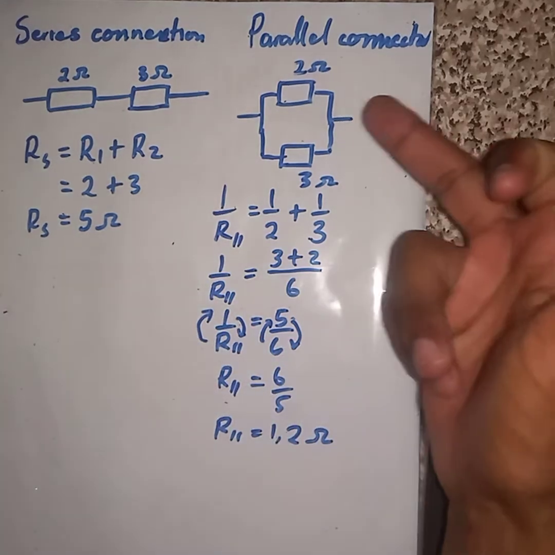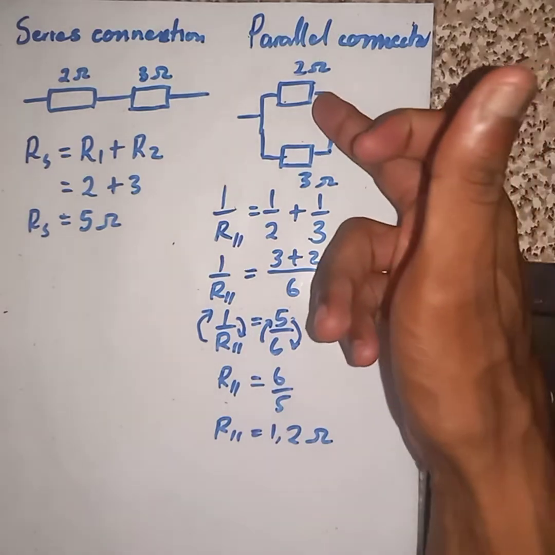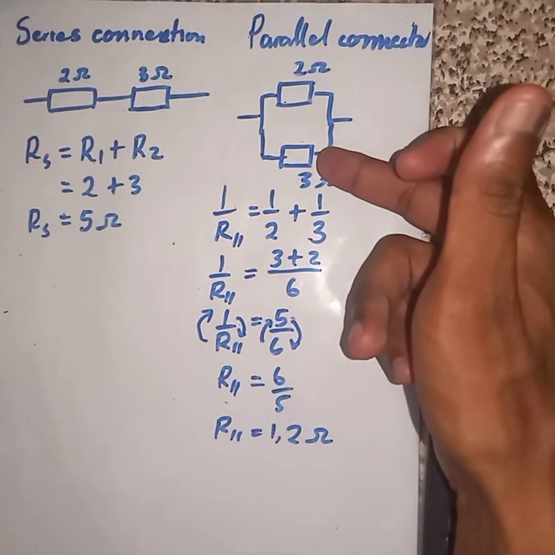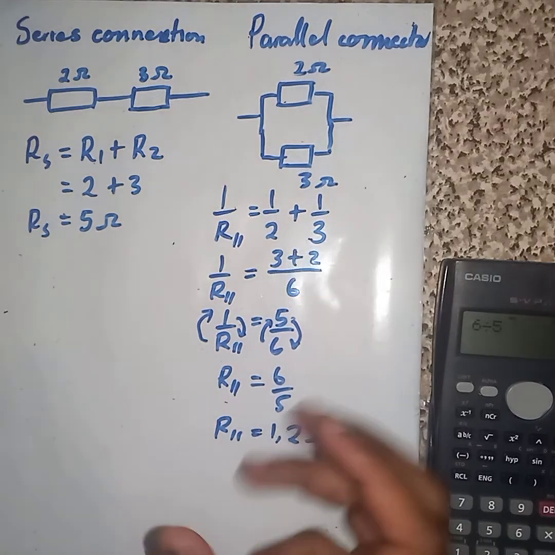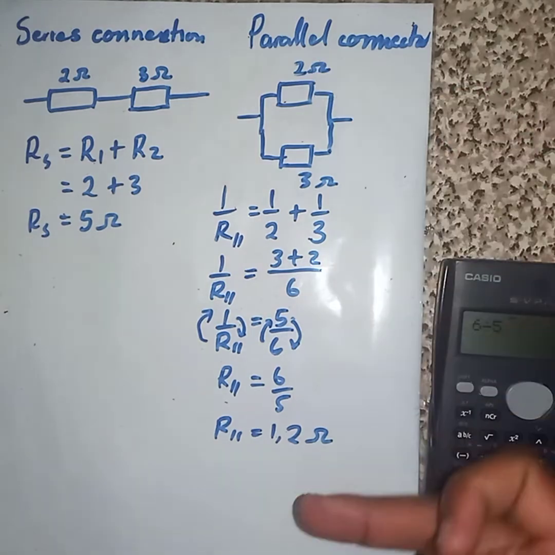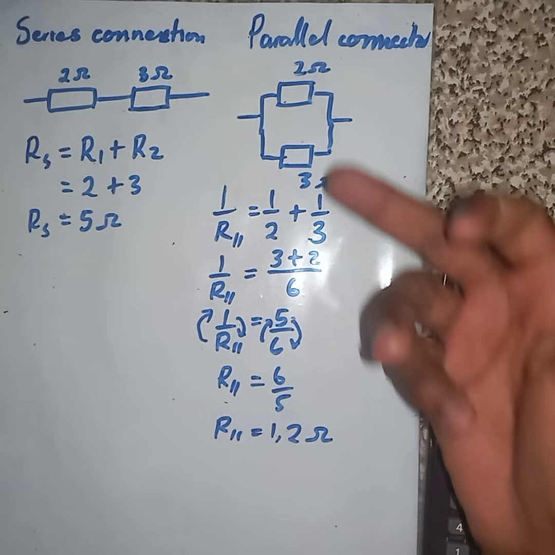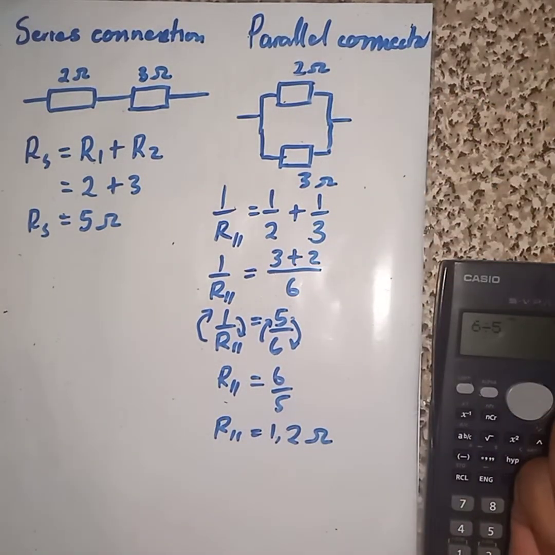But now if we connect our resistors in a parallel form, somehow we decrease what? The total resistance of the circuit. Do you see? Check. The total value is less than the 2 given resistors.